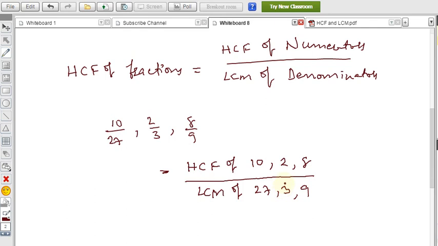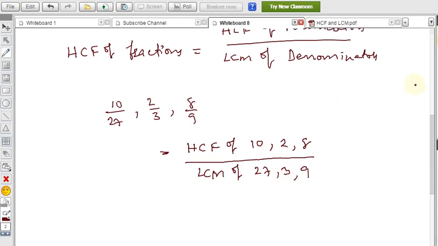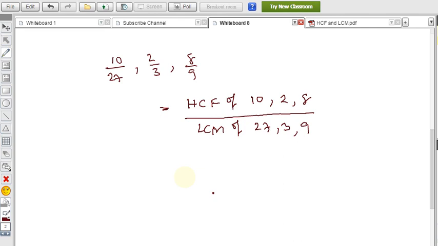Then you can find out the HCF for this. 10 and 2. So 2 fives are 10. Remainder you got 0. So 2 is the answer. With 2 one more number is 8. Then 2 fours are 8, remainder 0. So finally 2 is the HCF.